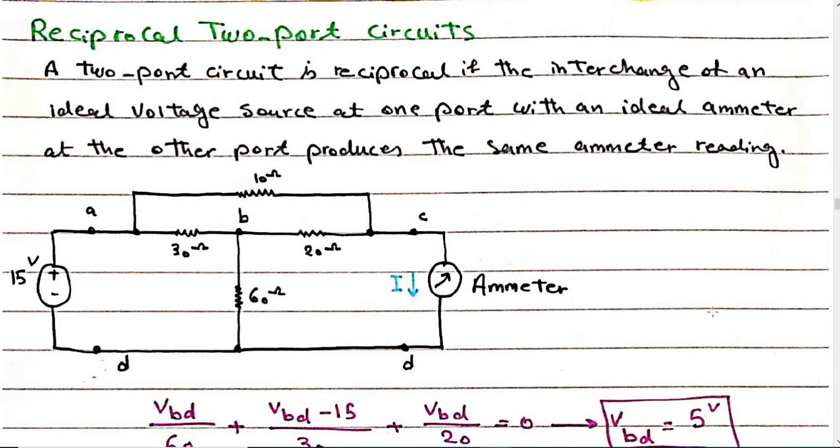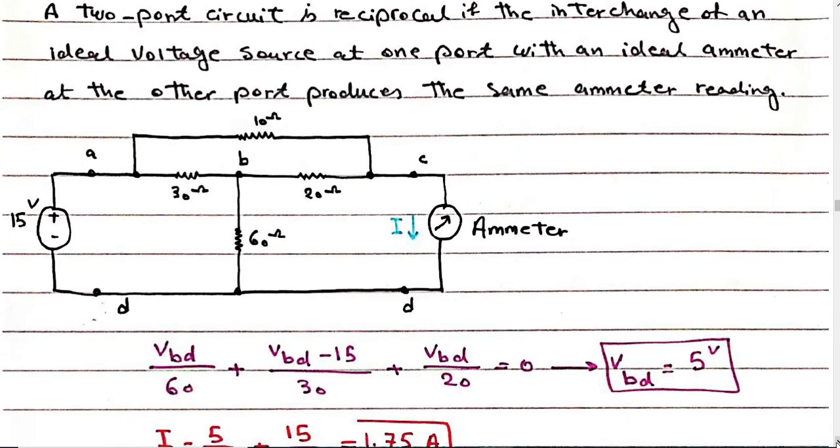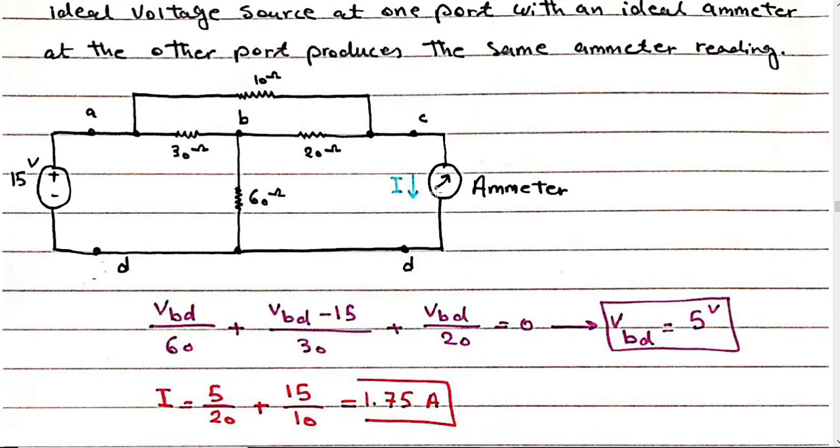For example, for this circuit, the ammeter is at the output between terminals C and D, and the voltage source is between terminals A and D. Write the node voltage over here. You can calculate VBD, the voltage at this node, which is 5 volts. From here you can calculate I, which is 1.75 amps.